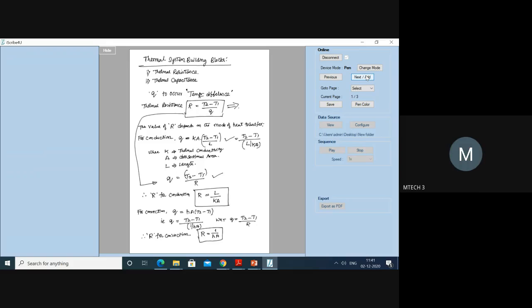Yes, sir. Next page, take the heading as thermal capacitance.